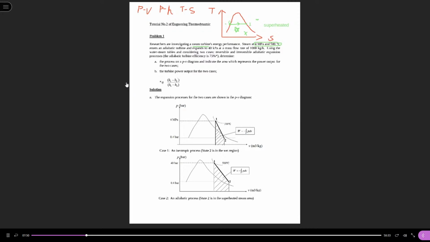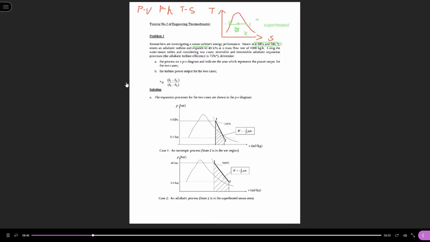If water steam is at 4 megapascal, what's the saturation temperature? You need to check the table.